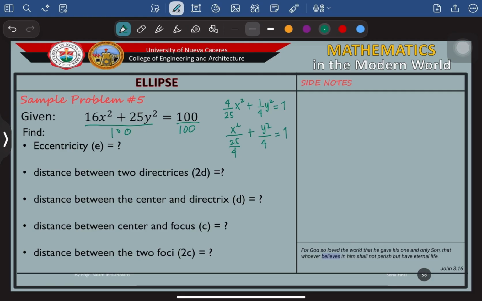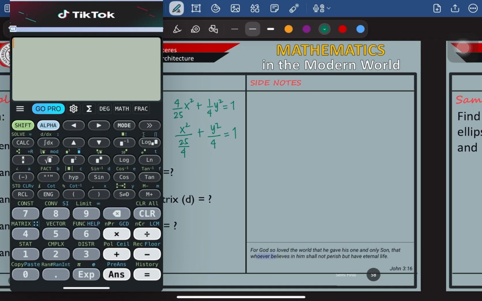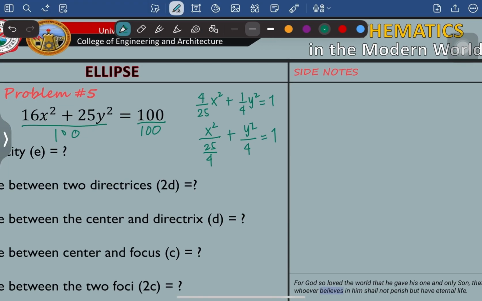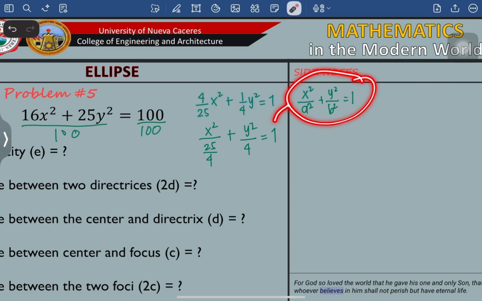In such a way, we can now determine the major axis and the minor axis. Based from this equation, the center is at the origin, since it is identical to the standard equation x squared over a squared plus y squared over b squared equals 1.